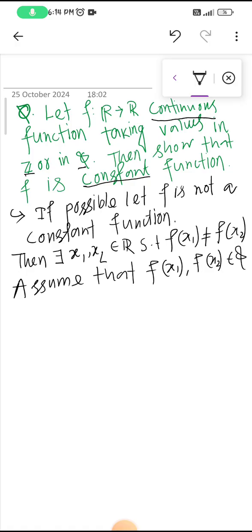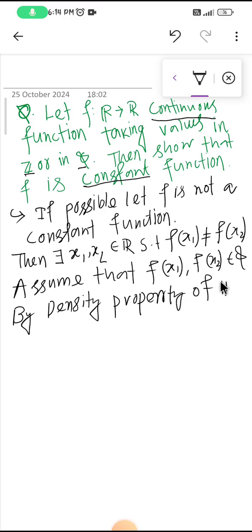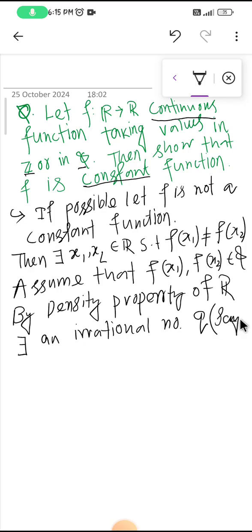Now we apply the density property of R. By the density property of R, we can say that there exists an irrational number, say q, in between f of x1 and f of x2.